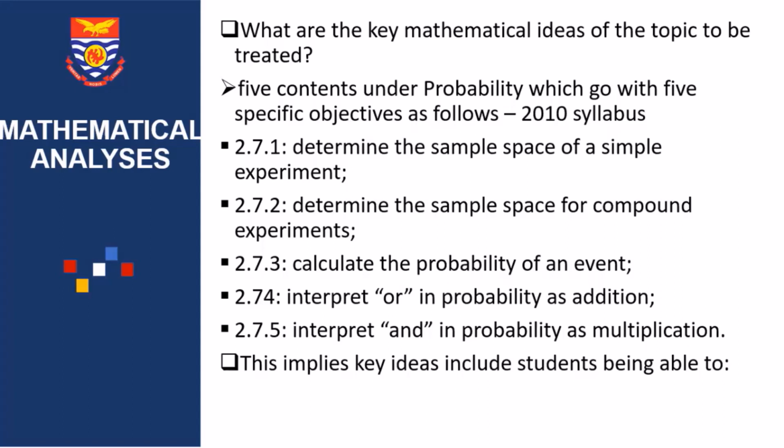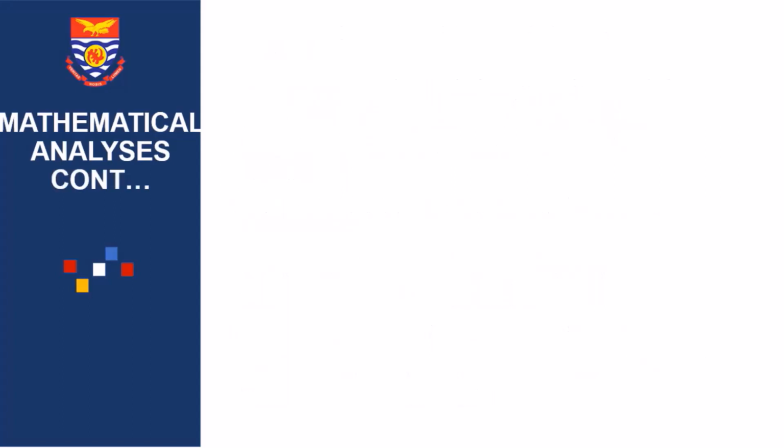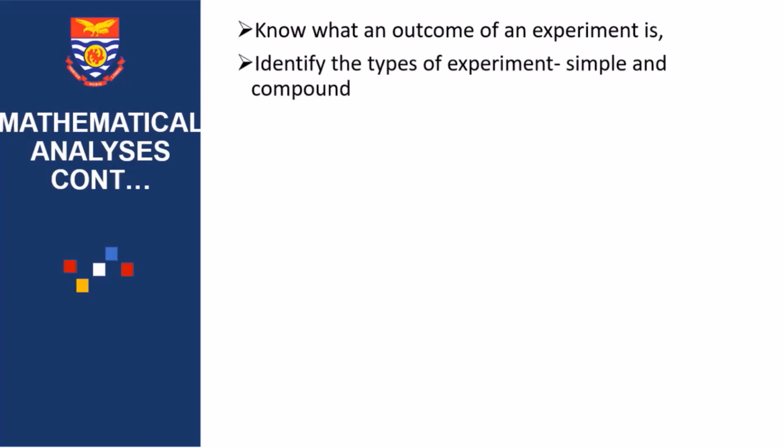In relation to the specific objectives, we can say that the key areas include: students should be able to know what an experiment is, know what an outcome of an experiment is, identify the types of experiments, that's simple and compound experiments, and then determine sample space. All these things can be found in the objectives 2.7.1 and 2.7.2.